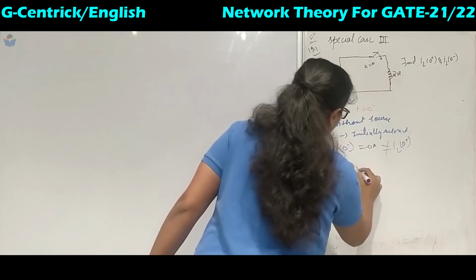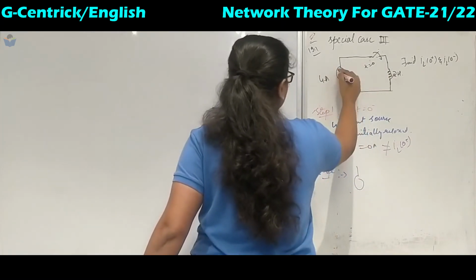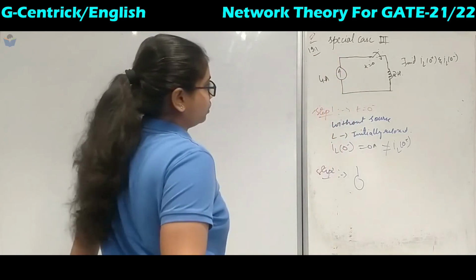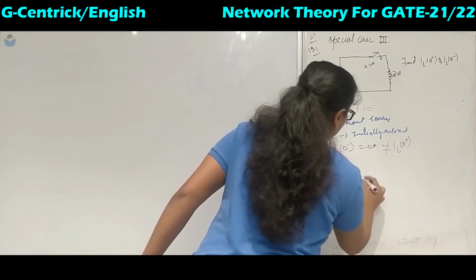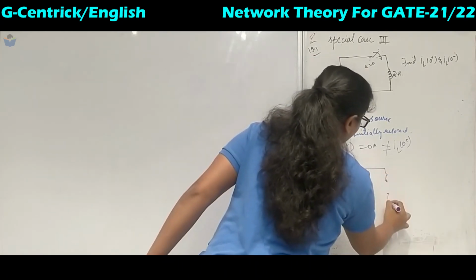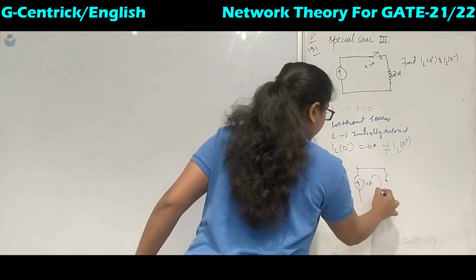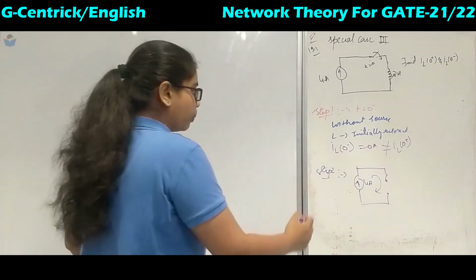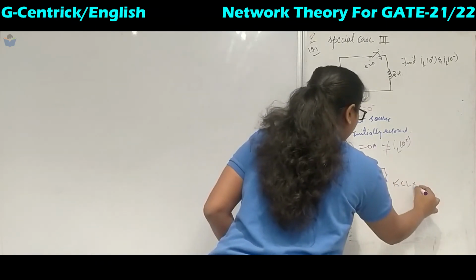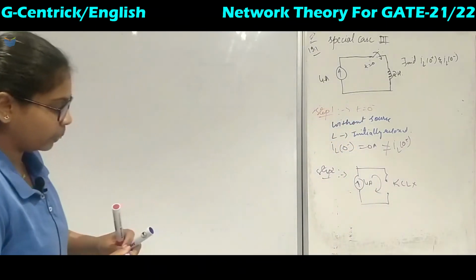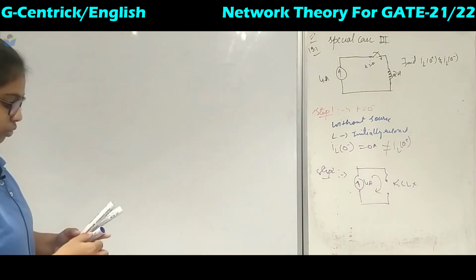If you see step 2, when it is closed, this is a current source. It is with source, so it will be open circuit. When it is open circuit, the 4 ampere of current does not get a return path, hence KCL fails. So we cannot use this step 2 for calculating IL of 0 plus.